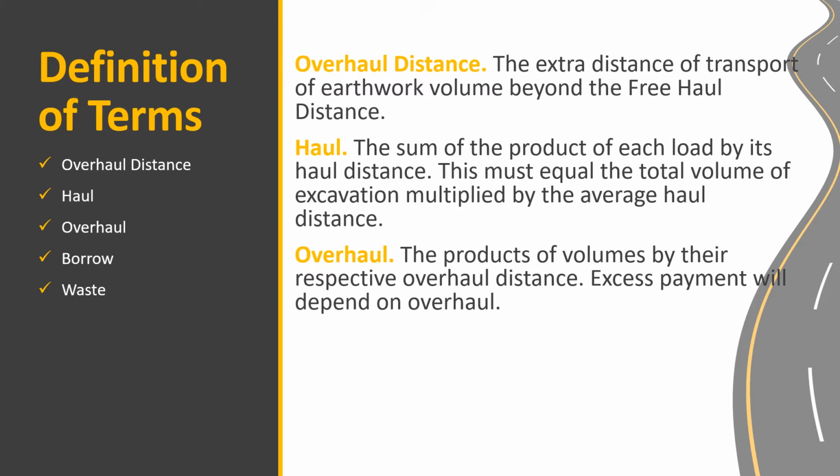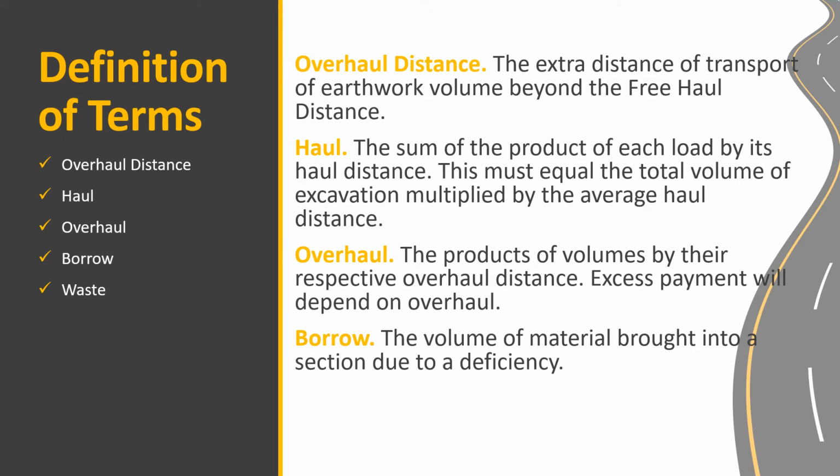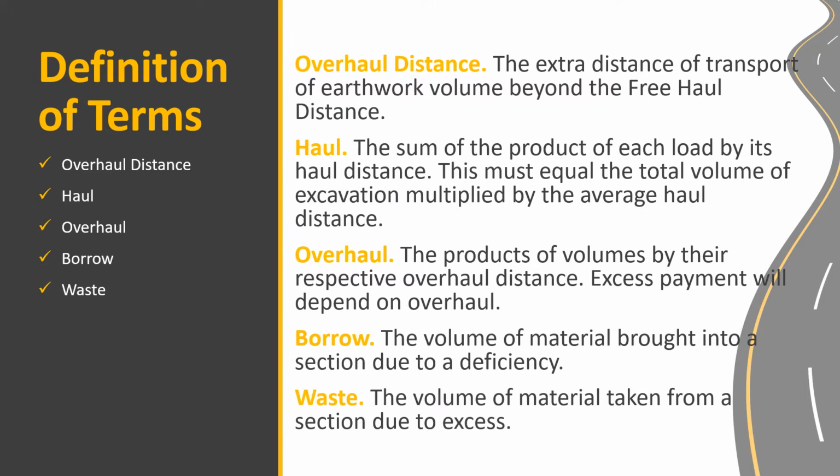Overhaul is the product of volumes by their respective overhaul distance. Excess payments will depend on overhaul. Borrow is the volume of material brought into a section due to deficiency. And waste is the volume of material taken from a section due to excess.